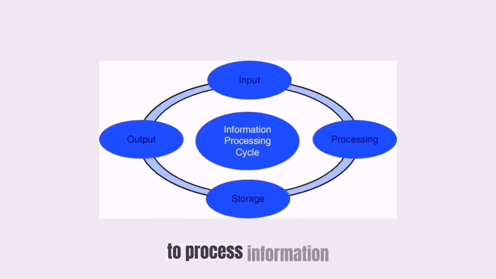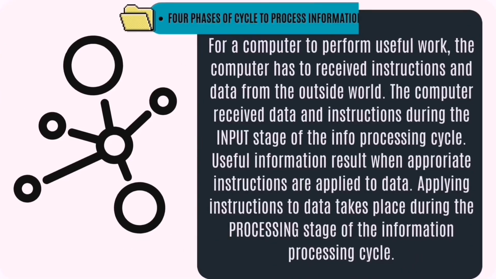But how is this similar to a computer? To a computer, there are four phases of the cycle to process information: the input, process, storage, and output. For a computer to perform useful work, it has to receive instructions and data from the outside world. The computer receives data and instructions during the input stage of the information processing cycle. Useful information results when appropriate instructions are applied to data.